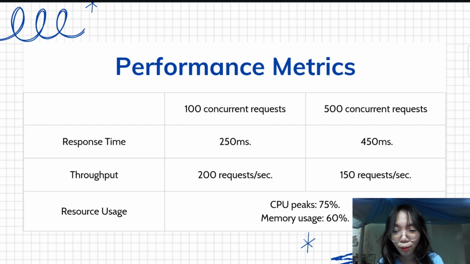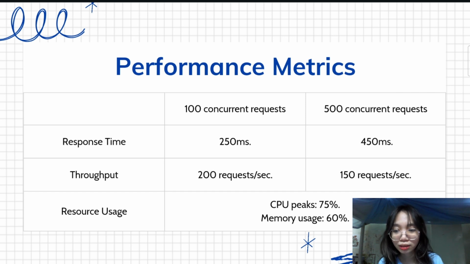The throughput with 100 concurrent requests is 200 requests per second, and under 500 concurrent requests, throughput drops slightly to 150 requests per second, but it remains stable.